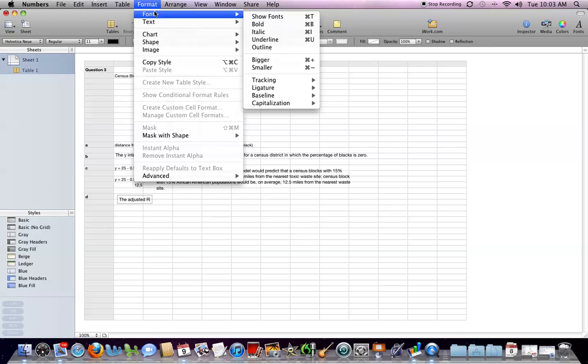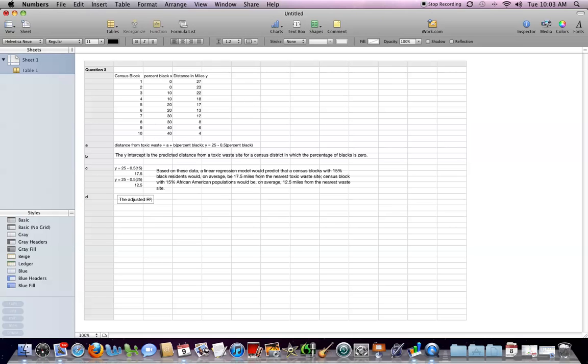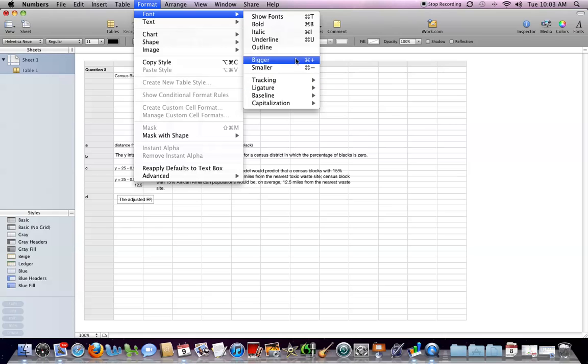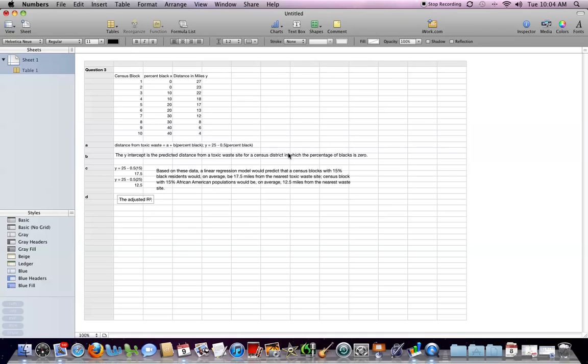How do you do this? So that is caret command plus something to remember to get your superscript R square.